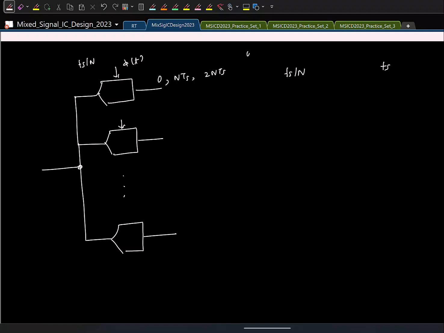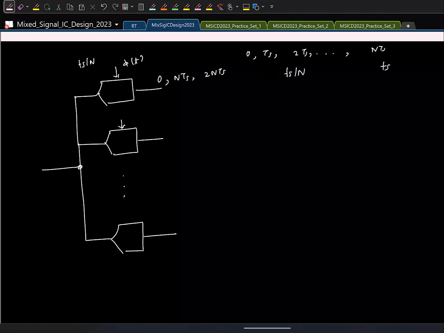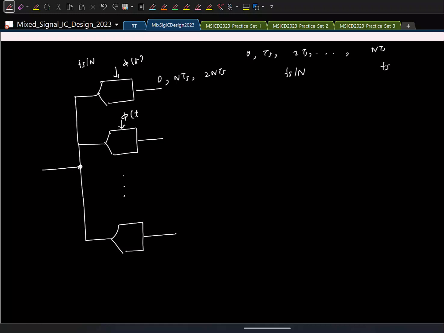Finally, I want data at 0, Ts, 2 Ts, and so on. Let's say this is giving the 0th sample. I want to get the sample at Ts. What should I do? I should delay it by Ts. If I delay it by Ts, this will sample at Ts, (N+1) Ts, and so on.